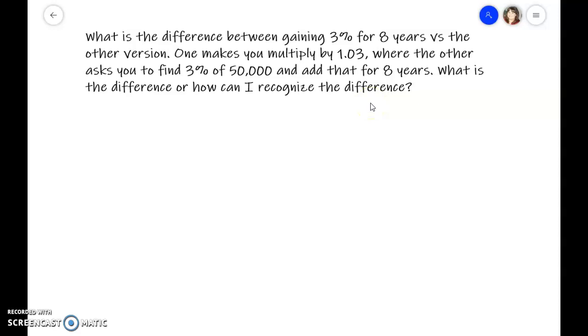The difference here comes from a concept in lesson 1-4. In that lesson, the discussion was about linear versus exponential growth.